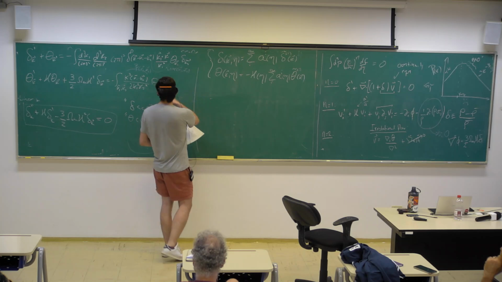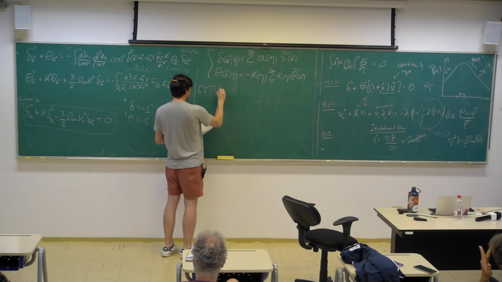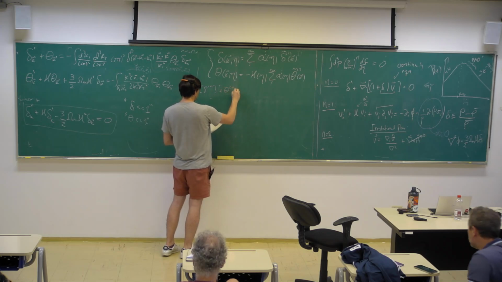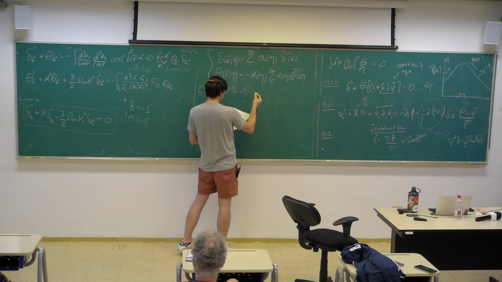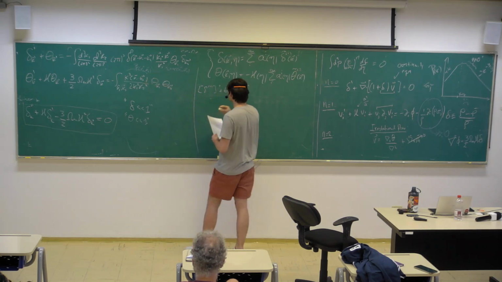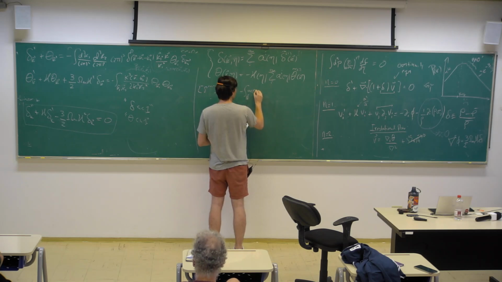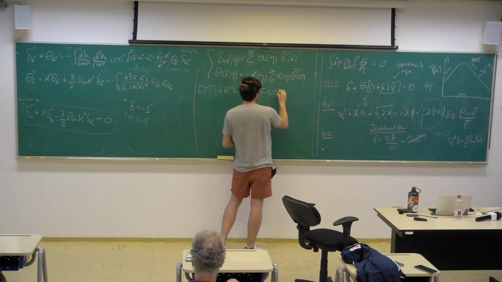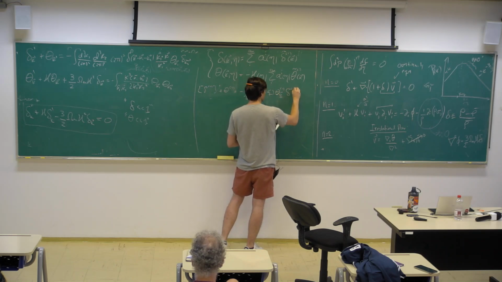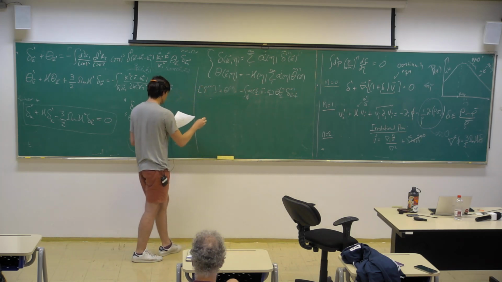Okay, so I'm going to plug that in, right? I'm going to basically write something that looks like delta 2 prime plus theta 2 equals minus, and then if I just do this delta integral, I can kill one of my k1, k2s, and I can do this here as well. So I get something like q alpha(q, k minus q) theta 1 of q, and then I will get delta 1 of k minus q, right? So now I'm restoring my nonlinearities, but only with the first order solution.